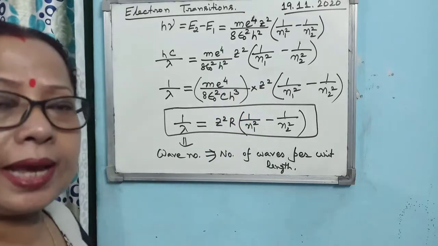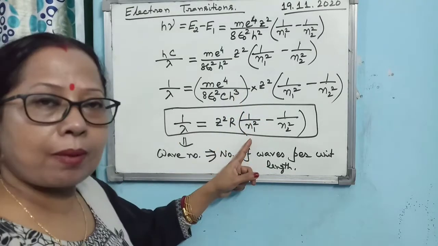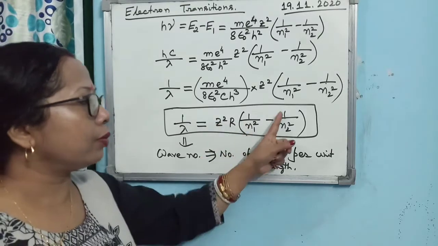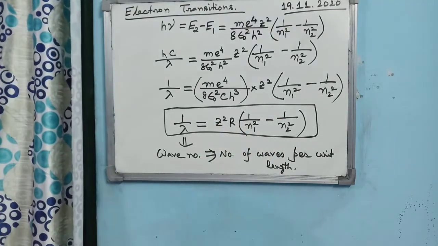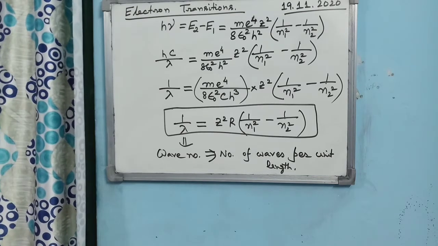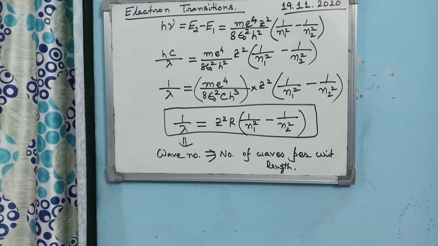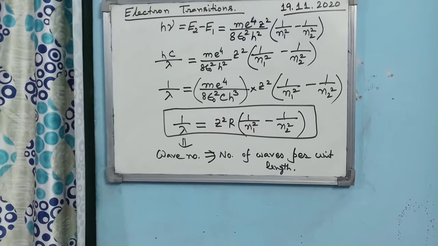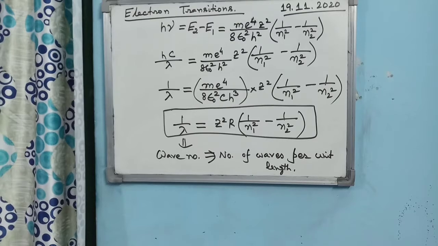If you compare with the energy relation, it is easy to remember that 1 by lambda is equal to z square R into 1 by n1 square minus 1 by n2 square. And 1 by lambda is known as the wave number. For a hydrogen-like atom, remember z will become 1. So it will be 1 by lambda equal to R into 1 by n1 square minus 1 by n2 square.